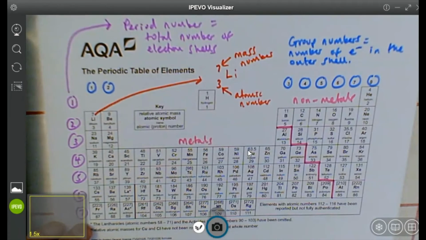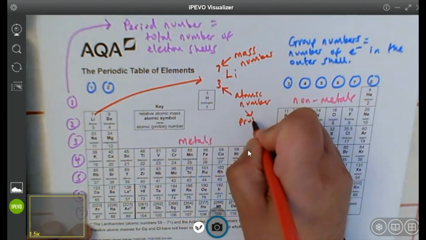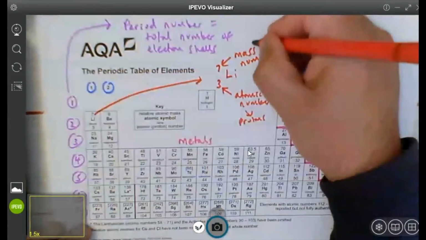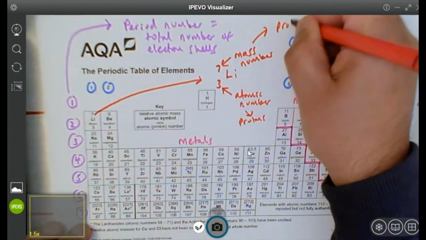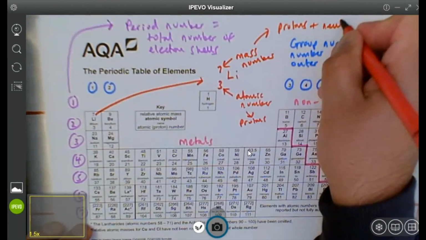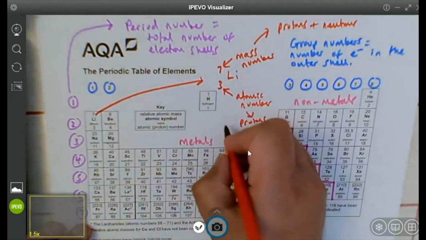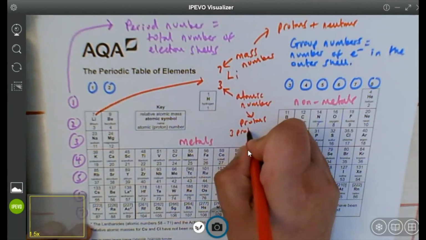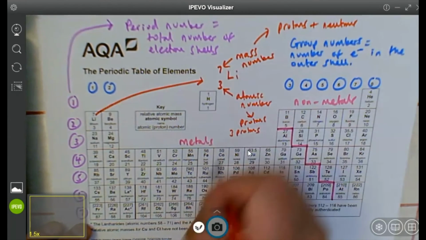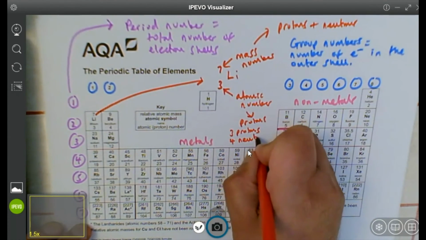Just to recap very basically, you would know that the atomic number tells you the number of protons, and the mass number tells you the number of protons and neutrons. So from this element, we know that lithium will have 3 protons and 4 neutrons.